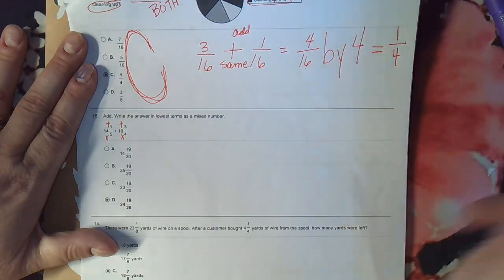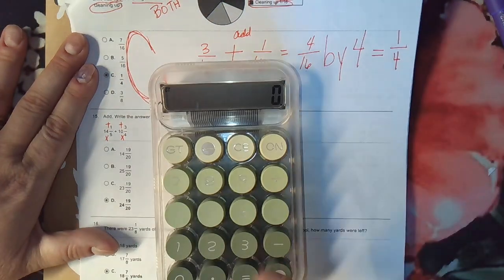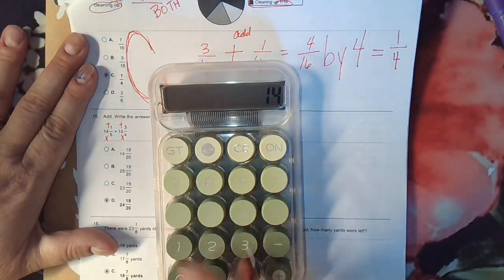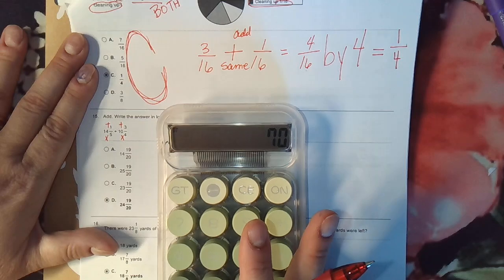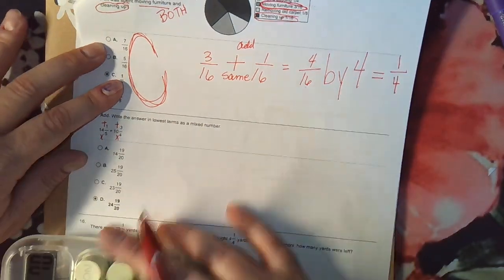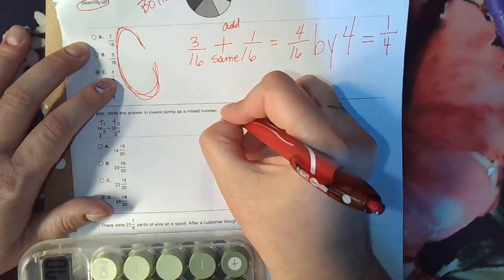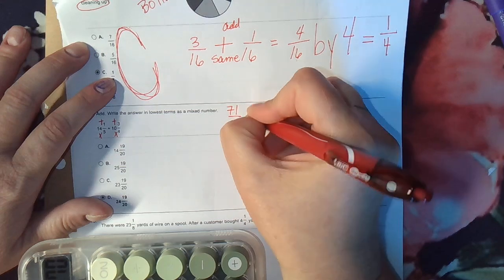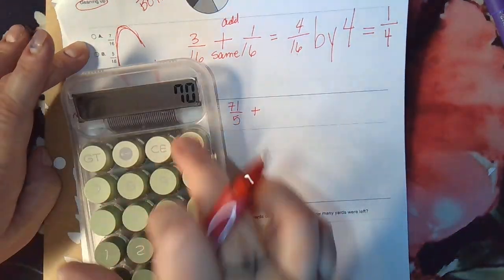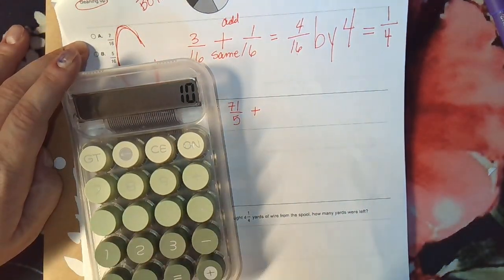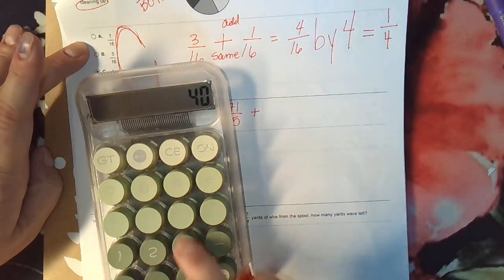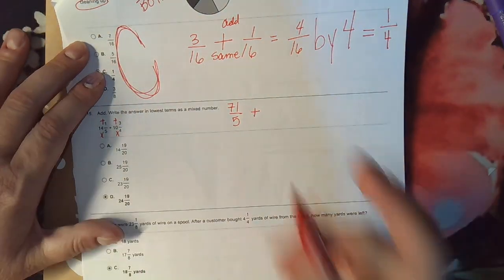First, we're going to say 5 times 14, and that's 70, plus that 1 on top, makes 71 over 5, plus sign. 4 times that 10, plus the 3 on top, is 43 over 4.